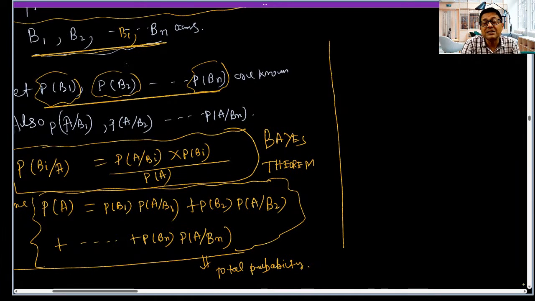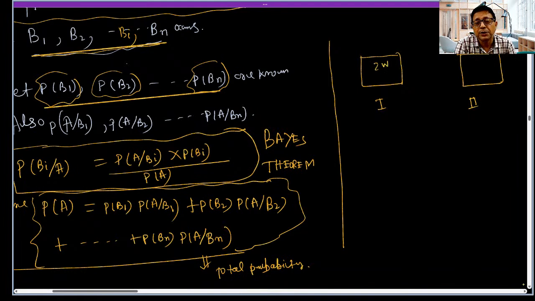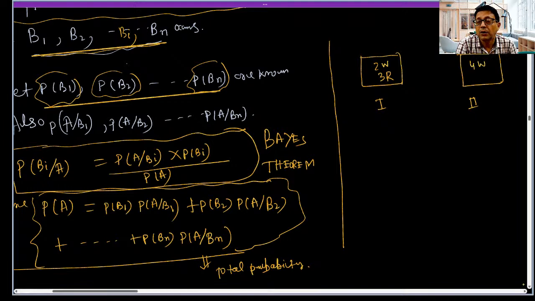Setting one example here, one simple example. B1 and B2, I am taking two cases only. In case of B1, B2 I am taking urn 1 and urn 2. Okay? This one contains 2 white, 3 red, and this one contains say 4 white and 6 red.